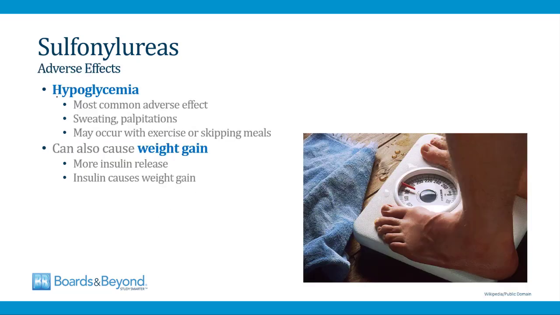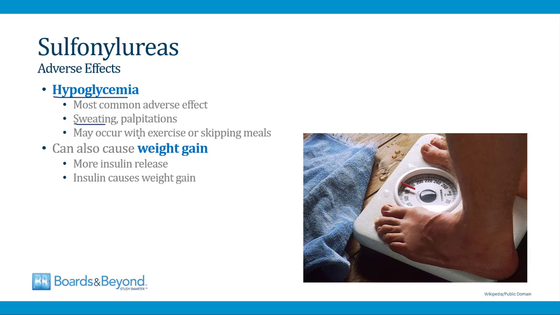In terms of adverse effects, hypoglycemia is the most common adverse effect. Because these drugs boost insulin release from the pancreas, that increased release of insulin can lead to hypoglycemia. This can cause the patient to develop sweating and palpitations. In rare cases, it can lead to seizures or loss of consciousness. And when these symptoms occur, patients need to consume some glucose like juice or a graham cracker, and that will make them feel better.